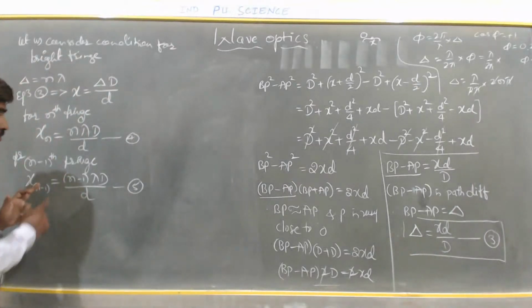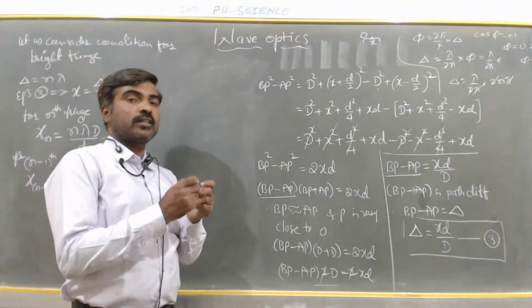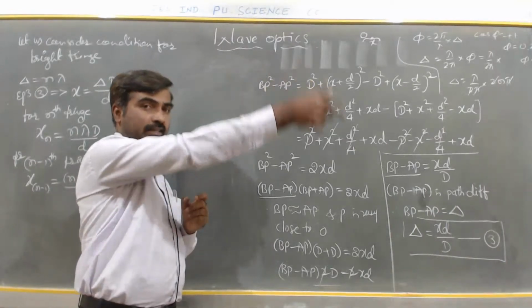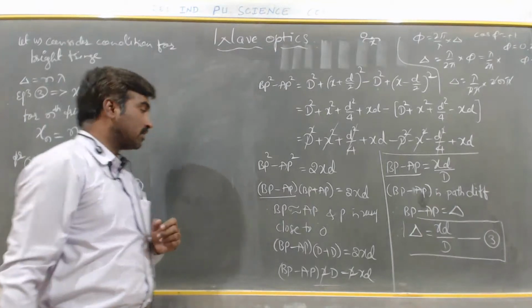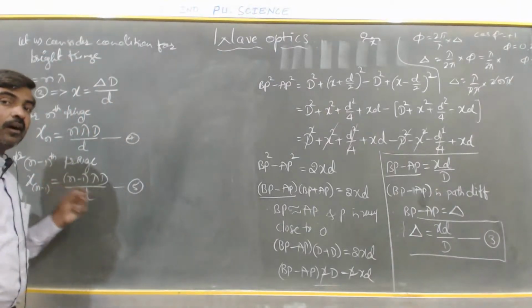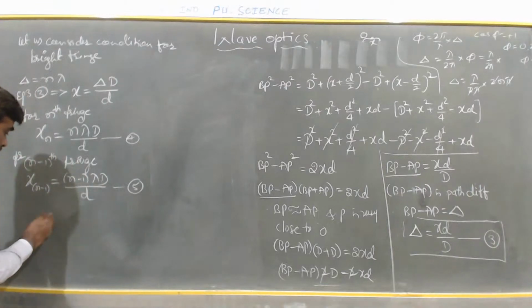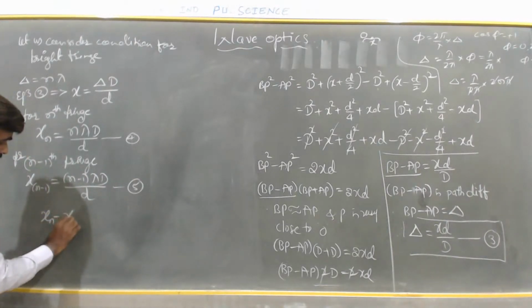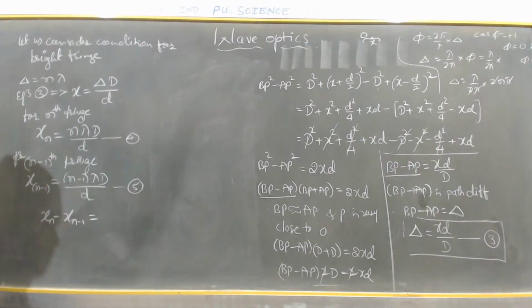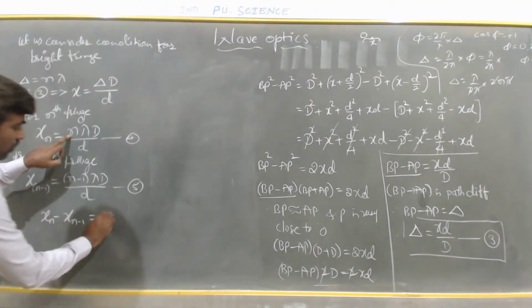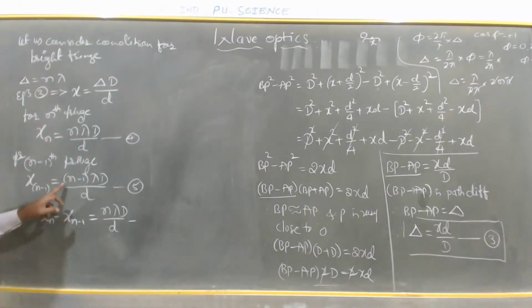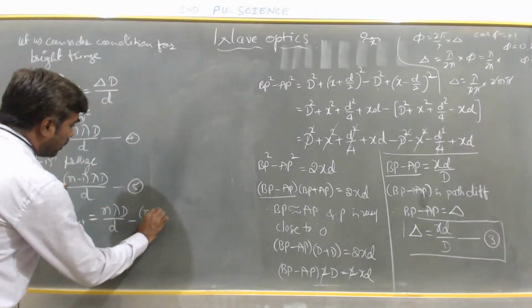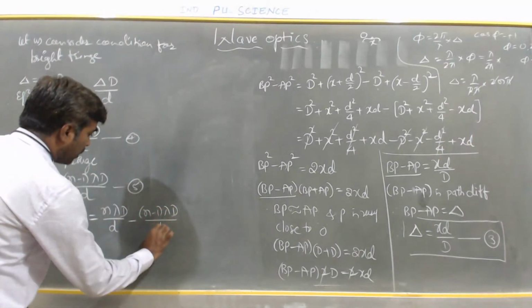Why does it give only the width? Because in terms of x I am calculating, O is the center point and x is the distance to the next fringe, so that distance is nothing but the fringe width of the bright fringe. Hence, xn minus x of n minus 1 can be written as n lambda D divided by d minus (n minus 1) lambda D divided by d.